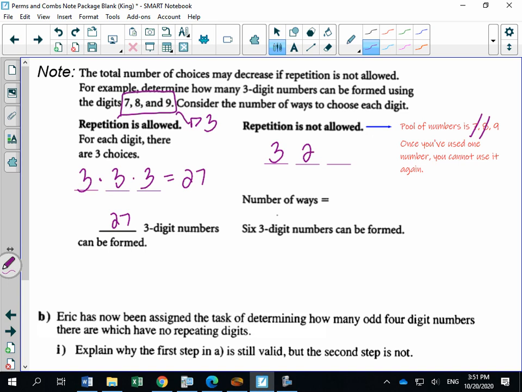And then in the third stage, I'm down to 1 choice. So in the first stage, I could have used the 7, 8, or 9. In the second stage, if I can't use repetition, I only have 2 choices. And then in the third stage, 1 choice. So if repetition is not allowed, I decrease from 27 possible ways to 6 ways that a 3-digit number could be formed.